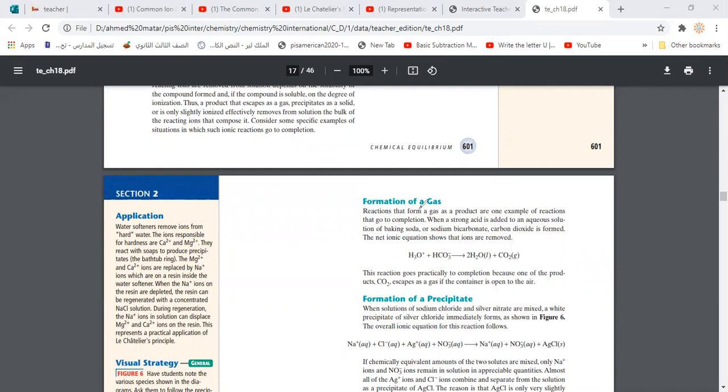Suppose you take HCl and dissolve it in water, what would happen in that case? Actually, HCl will dissociate in water, producing hydrogen ions and chloride ions. These hydrogen ions will combine with water to form the hydronium ion, and the chloride ions will be free.